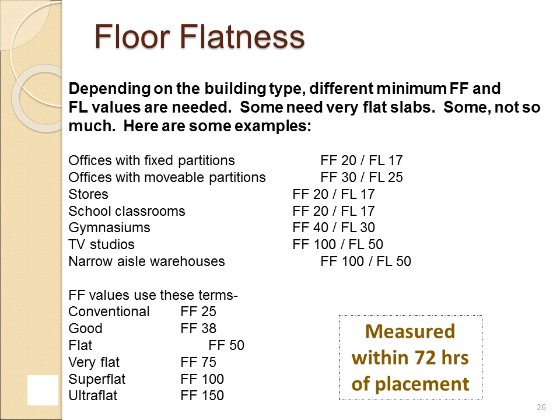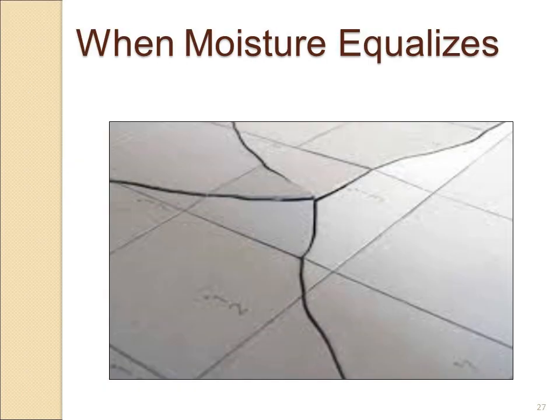And so even though they could specify really high numbers for floor flatness and floor levelness, even though it's placed that way, it's only measured within the first 72 hours of placement. Months later, maybe a year later, when the tile installers come, absolutely that slab is not going to be as flat as when it was first placed. So moisture will definitely play a factor.